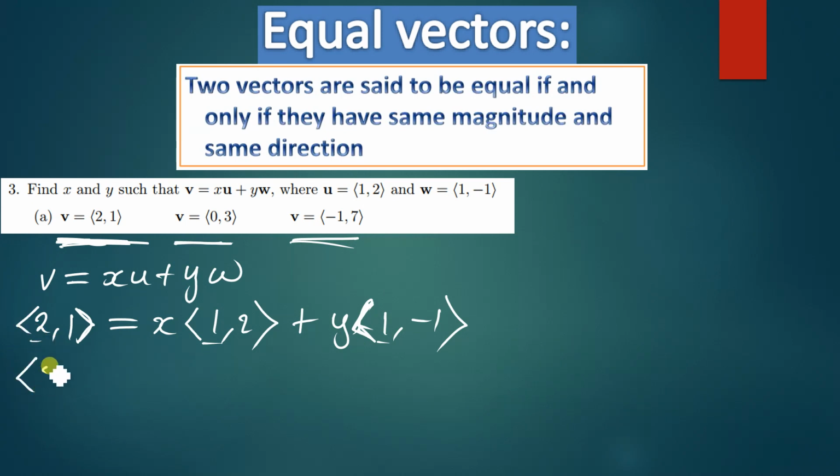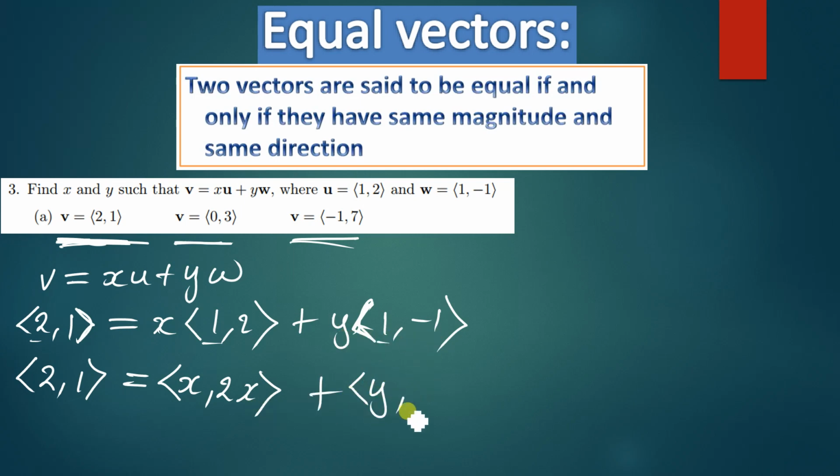I wanted to change them to Cartesian, but let me just solve them the way they are. So X times 1, I'm going to have X. X times 2, I'm going to have 2X. Y times 1, I have Y there. Y times negative 1, I have negative Y. So this is what we have.